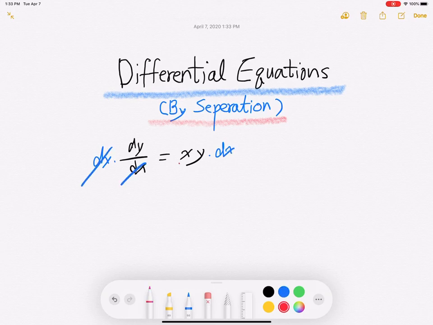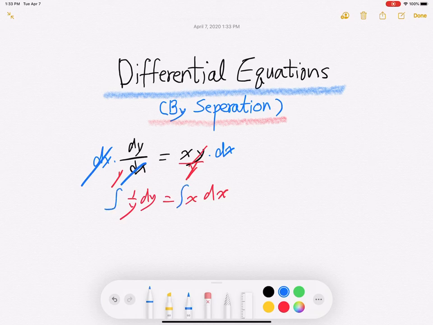And then I'm going to divide both sides by y, and this y cancels out. So it automatically separates the y function and dy from the x function and dx like this. And the next step is to integrate both sides.